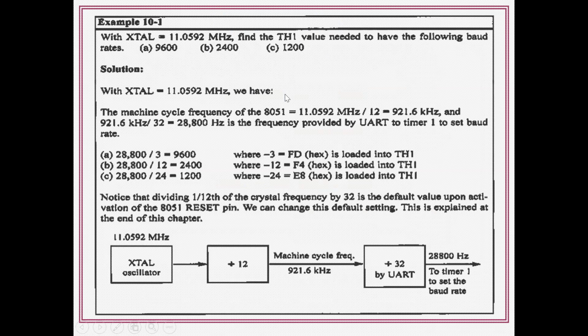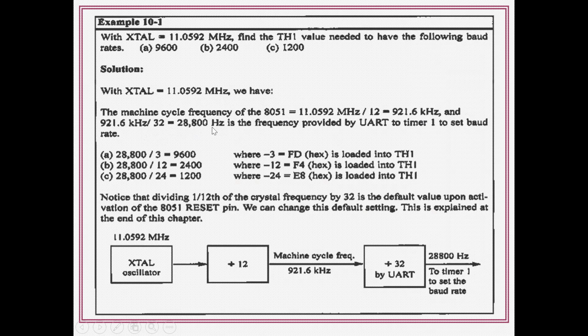So that calculation we require with the XTAL of 11.0592 megahertz. The machine cycle frequency of 8051 is 11.0592 megahertz divided by 12, and we get 921.6 kilohertz. This frequency is again divided by 32 for UART, so we get 28,800 hertz.